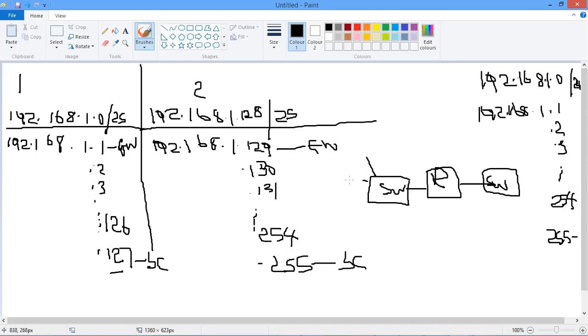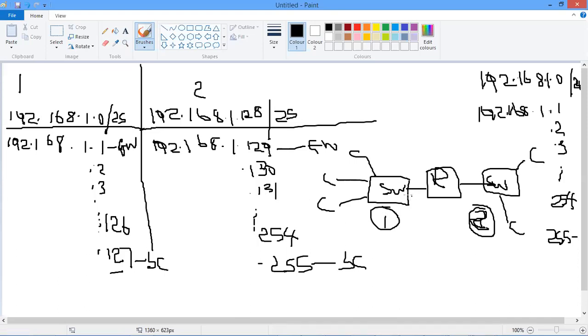In this place I will have computers, and here I will have computers. If I set up a network like this using this subnet, I'll call this one network 1 and this one network 2. That means I'm using what I have on my network 1 on this side.